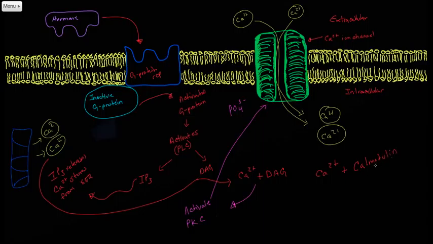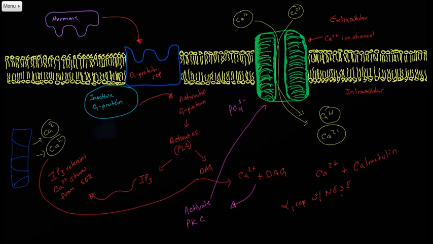And calmodulin is then able to activate cytoplasmic enzymes, which then will cause the effects within the cell. Now, these are normally stimulatory effects, and they usually occur with alpha-1 receptors that are stimulated by epinephrine and norepinephrine.